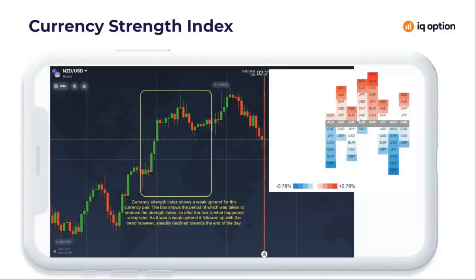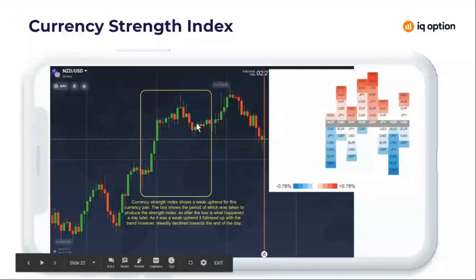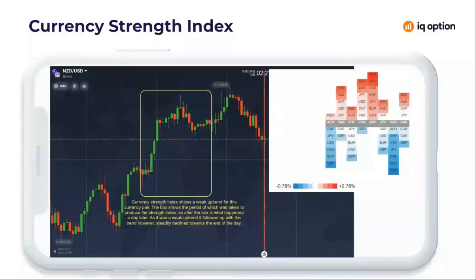NZD USD. Let's go to our currency strength index. USD. There we go. NZD is strong, not very strong, but formidably stronger than USD. So we can see an uptrend in the box. Now, as we've mentioned before, the currency strength index shows a weak uptrend for this currency pair. The box shows the period taken to produce this strength index, exactly what we mentioned.